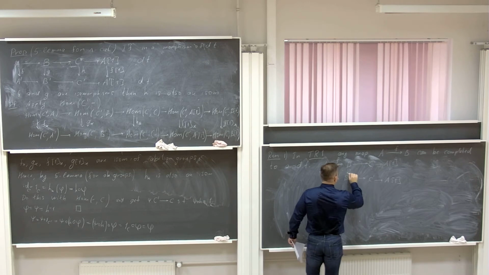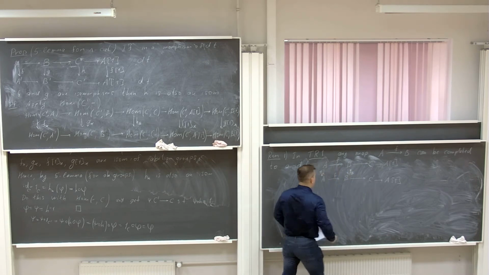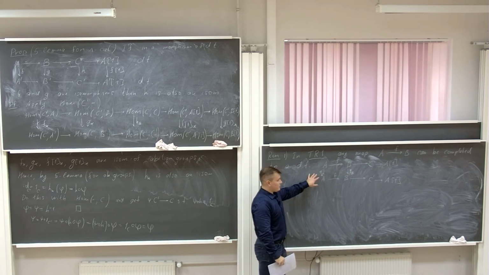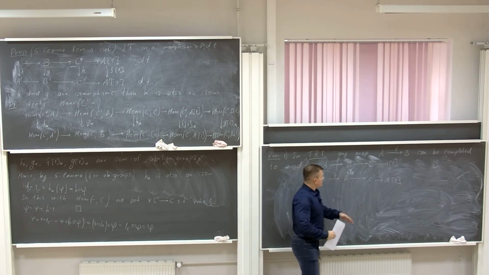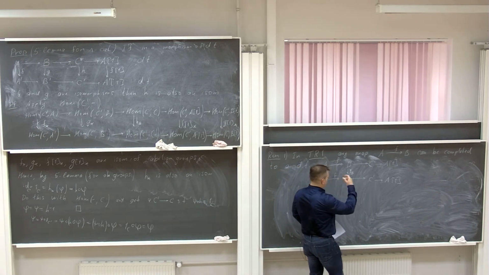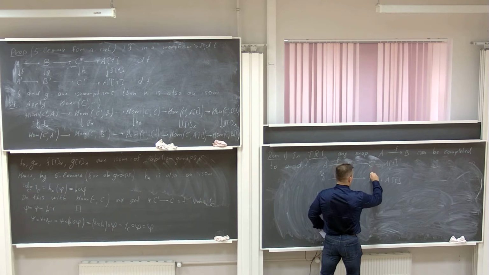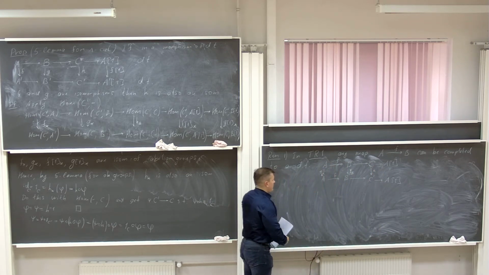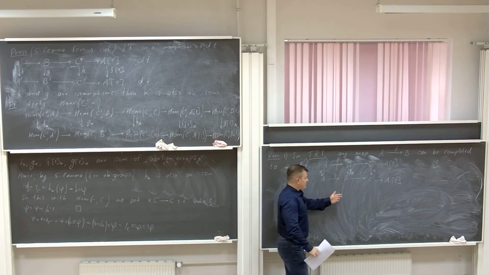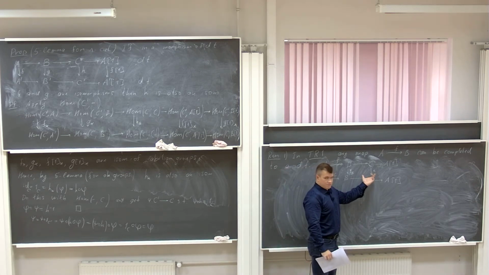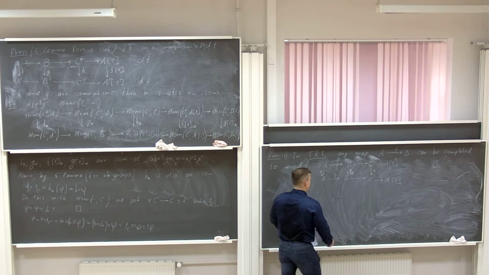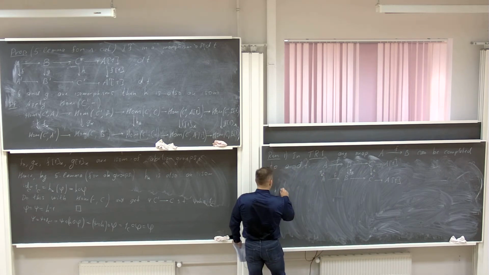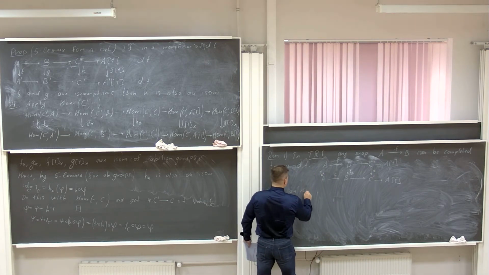Identity maps are clearly isomorphisms. So it means that, first of all, by one of the axioms, I can find a map, say H, going from C to C prime. And by the 5 lemma, I can claim that this H is actually an isomorphism.